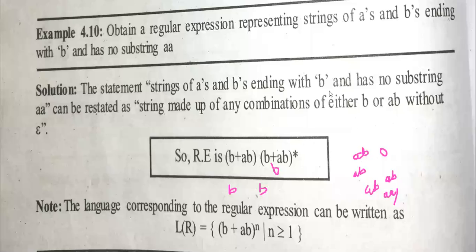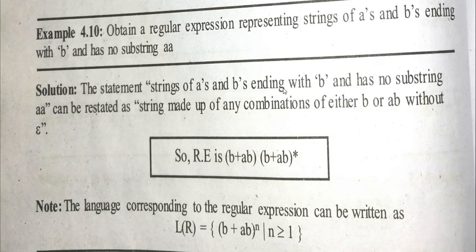For more clarification, go through this explanation. The statement strings of a's and b's ending with b and having no substring double a can be represented using the combination (b+ab)(b+ab)* exactly.